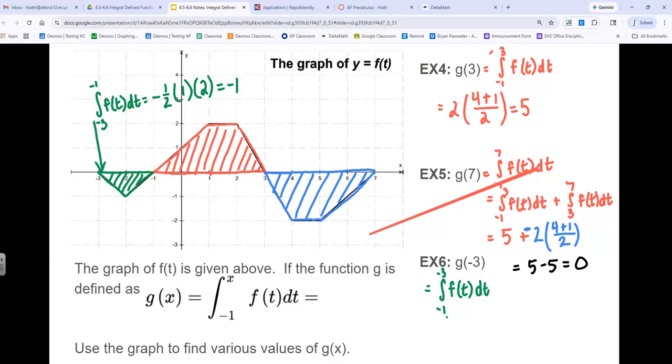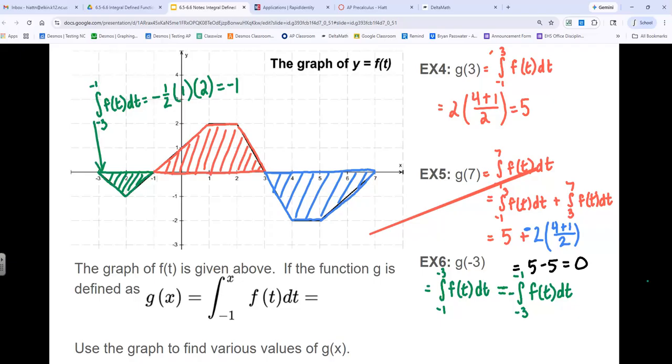Sometimes it's hard to catch on the negatives too because it still feels kind of like -1 is smaller than -3, but it's not. So what we want to do here is I always just like to flip my limits back around. So I would flip this and make it -3 to -1 of f of t dt, but if I flip the limits, it changes the sign.